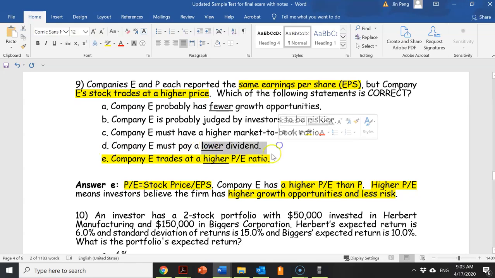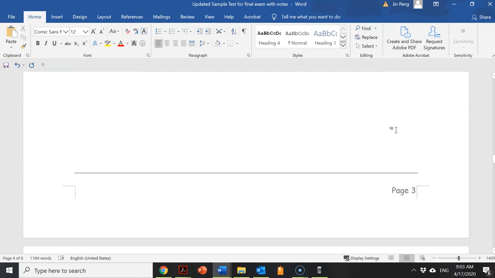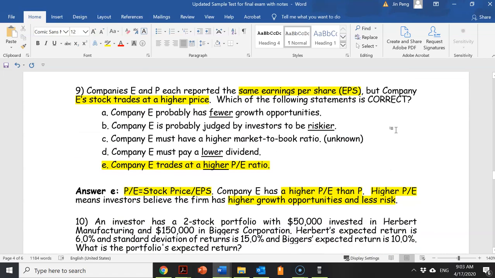We don't know the dividend. Unknown information. Option E is also unknown information. For option A, it should have more growth opportunity. Option B, it should be less risky. Okay, so all of these are my corrections.